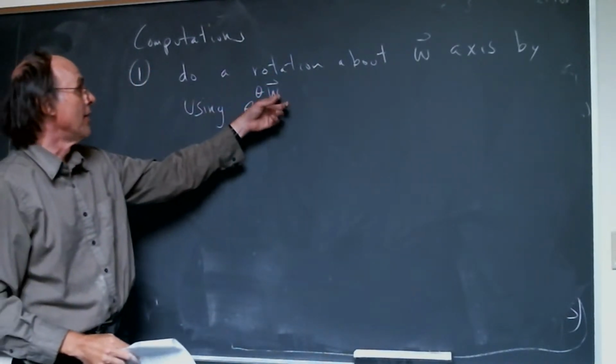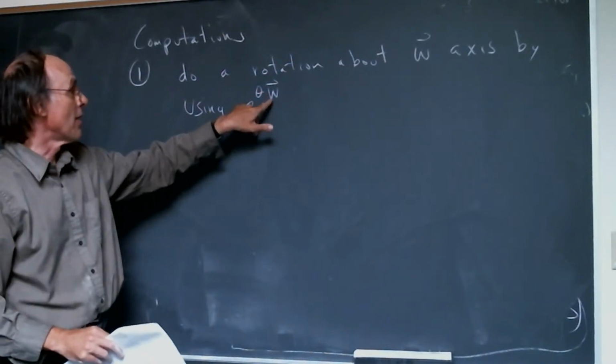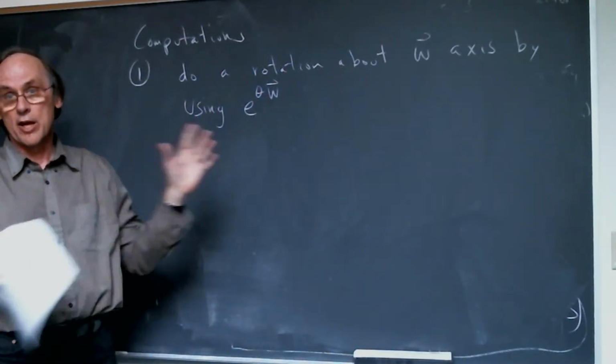So instead of just having i times theta, we've got some linear combination of i, j, k.